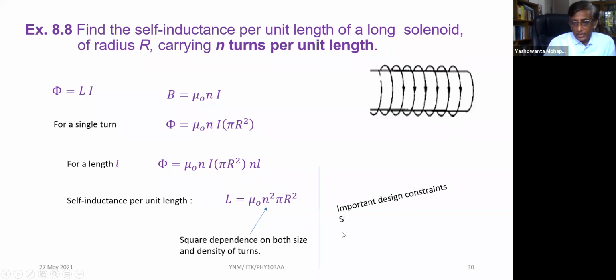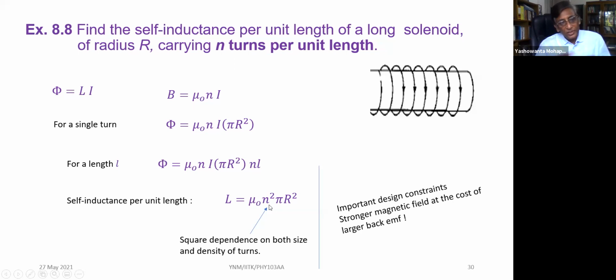For example, stronger magnetic fields you can get at the cost of larger back EMF. If you want it stronger, you make many more turns, and then you would be paying in terms of working against back EMF in setting up the current. That's an important design constraint while designing and winding inductors.